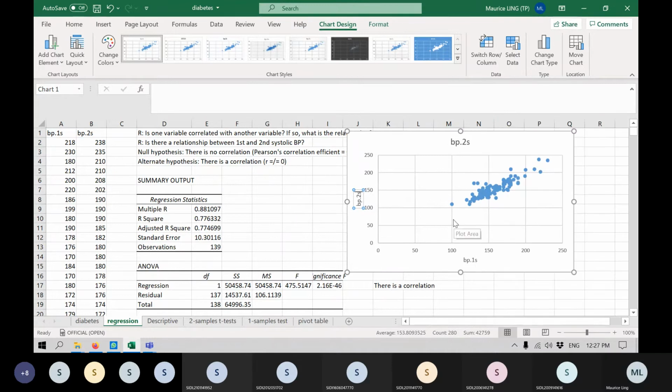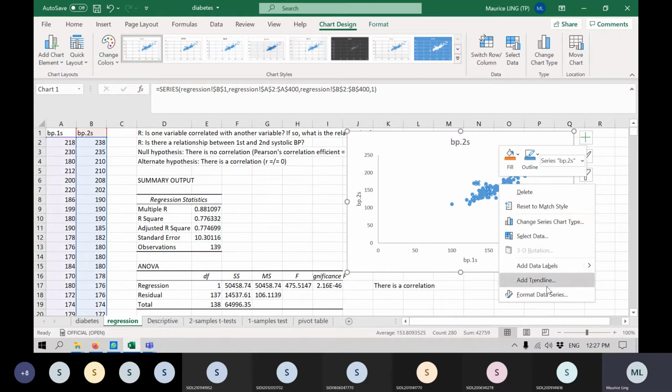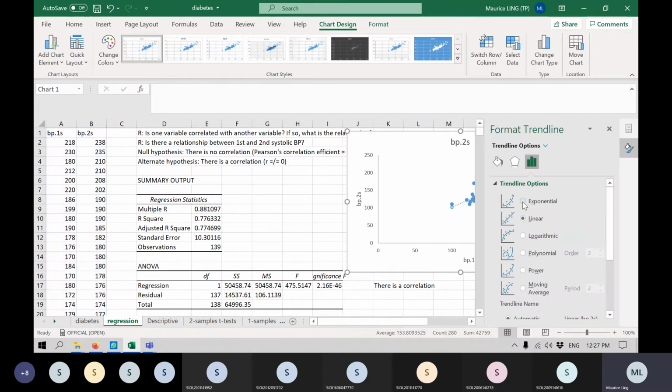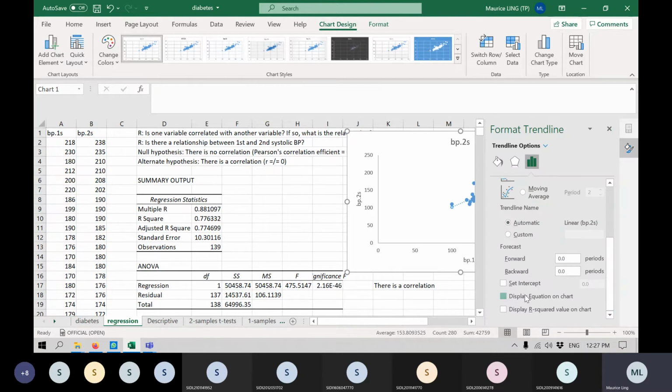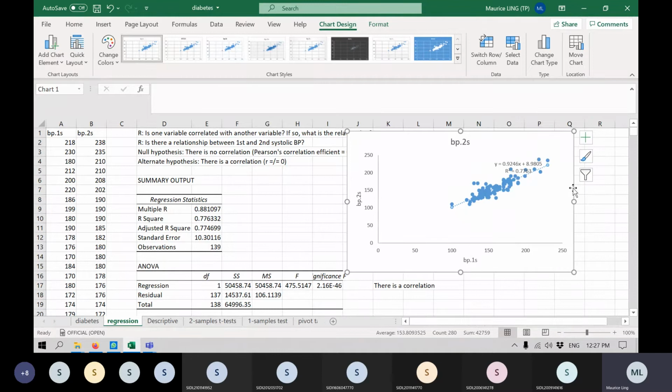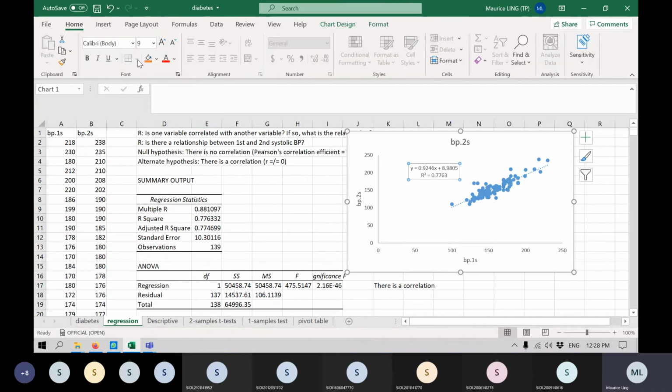Yep. Okay, then if you remove all the grid lines, you can add the trend line. So you add a linear trend line, and we display the equation and the R square value. You find that the R square value is the same as this R square value. Let me expand this a bit more.